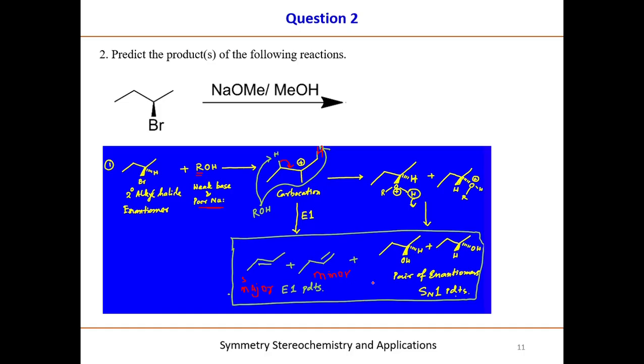It will follow the Markovnikov rule. So these four are the products possible under the second reaction condition, that is, with methanol.